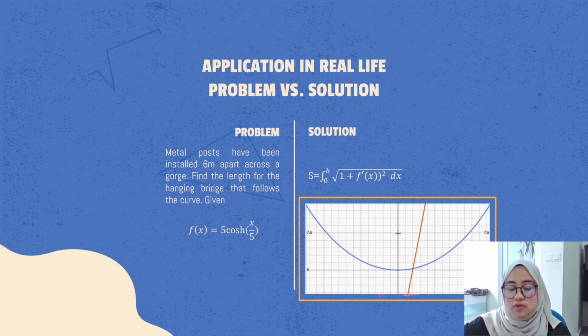So we're going to use the formula of arc length: s equal to the integral from b to 0 of the square root of 1 plus f'(x) squared dx. Why do we use the integral from b to 0? Why do we put 0 instead of a? Because the curve is symmetrical, so we only take half of it. So we're going to write down the formula s equal to the integral from b to 0.